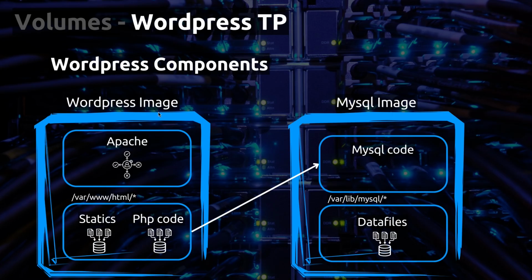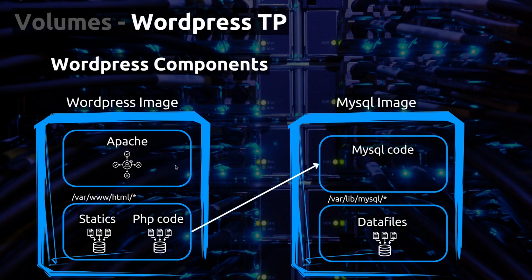What do you have inside the WordPress image? Just a quick overview. You have an Apache server in it. So this is the web server on the front and on top of our WordPress.